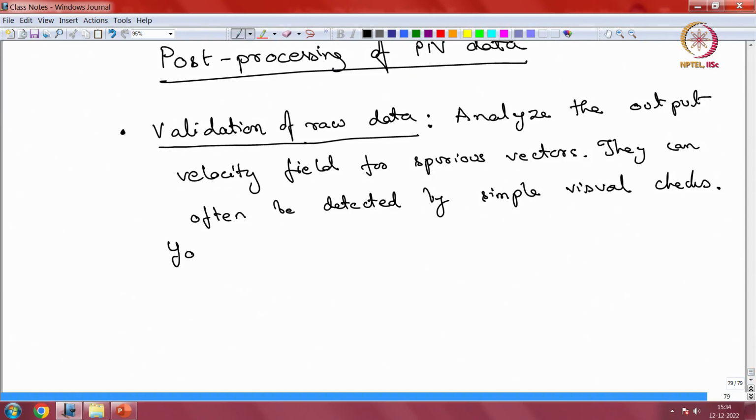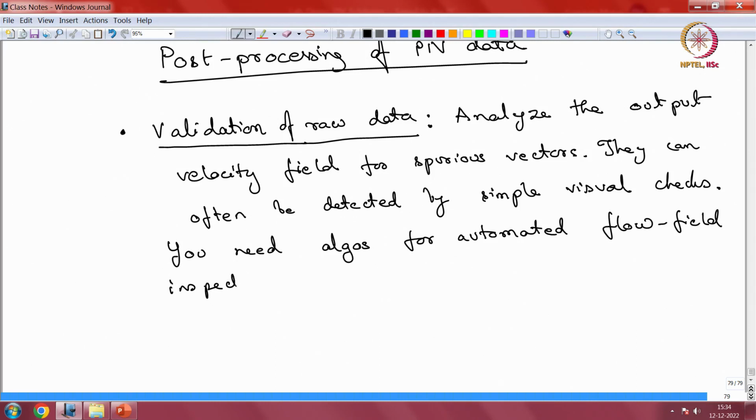So you need algos. Algos stands for algorithms for automated flow field inspection and detection of spurious vectors.